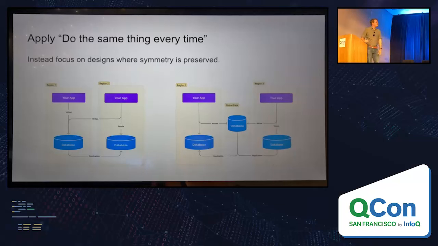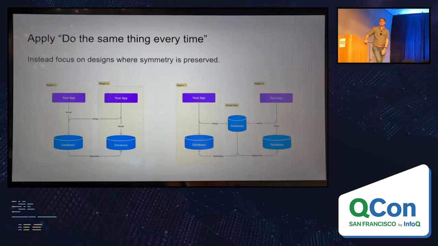So, an application of this principle as a diagram. The left-hand diagram is exactly what we said. We're going to have the app write to the database in region 1, and region 2, we're just going to have region 2 change out its write path to write to the US database. We'll replicate it back. Region 1 here has a synchronous read path to its local database.